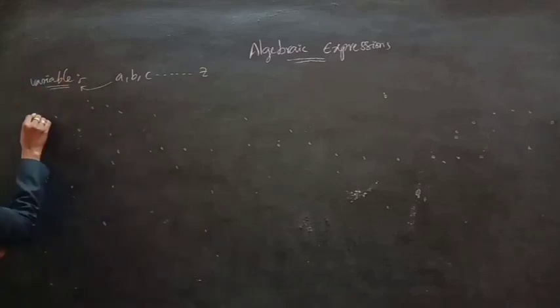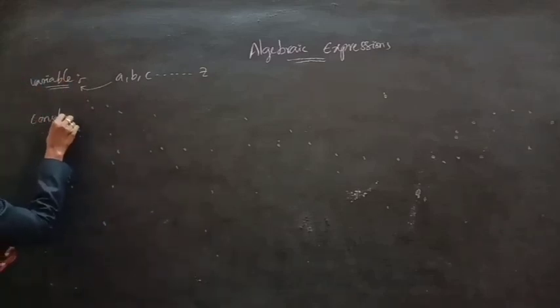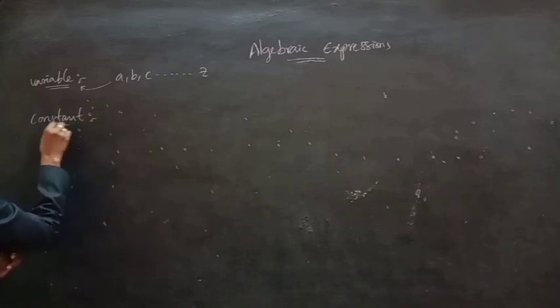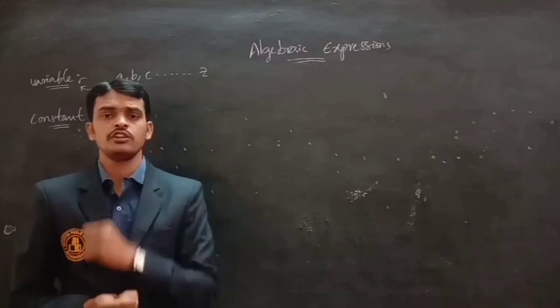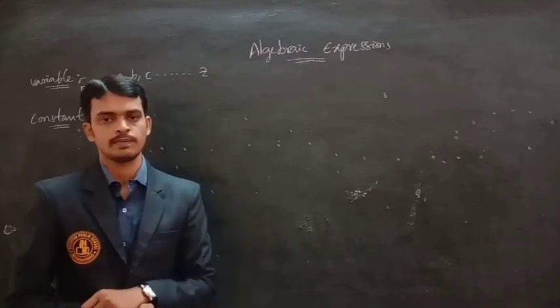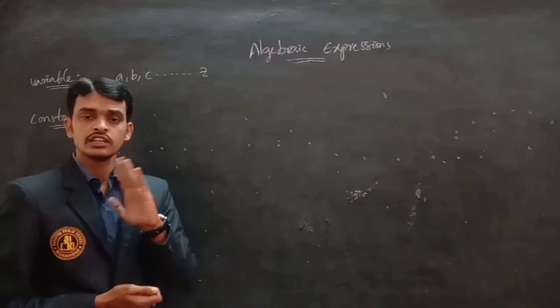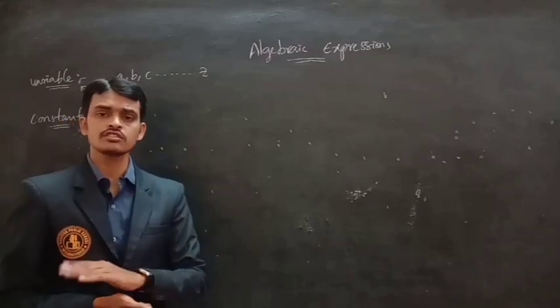Next, constant. A constant is a fixed value. It does not change. A variable is an unknown value, and its value is not fixed.